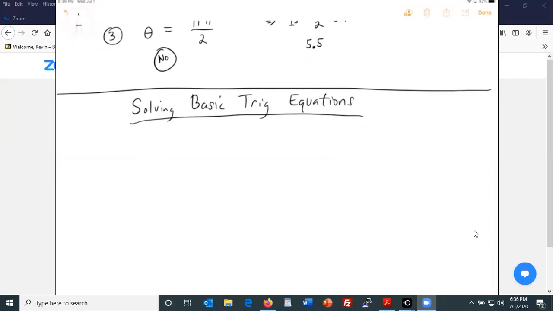All right, so the first thing we're going to do is write the general solution, or solutions, I should say, for each equation. So that means the general solution, that's when you're using those terms with the k's and the pi's and the 2 pi's, okay? So that's the idea.